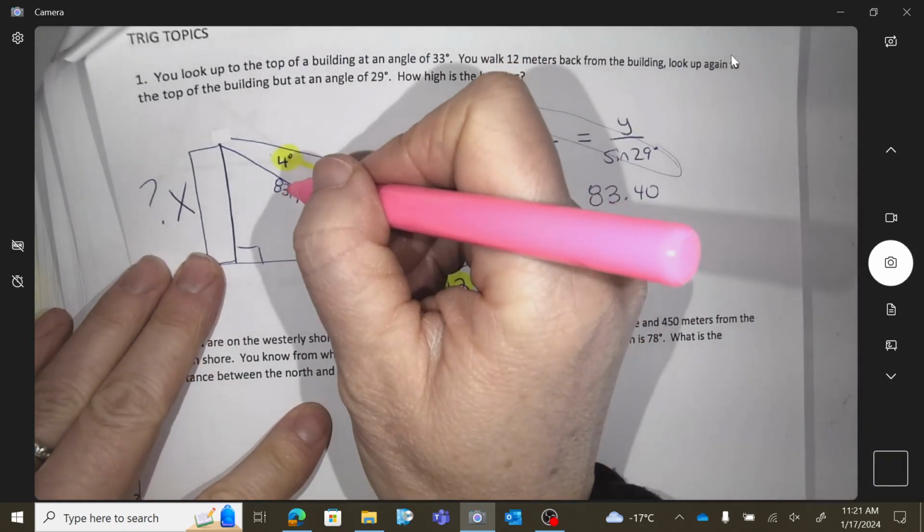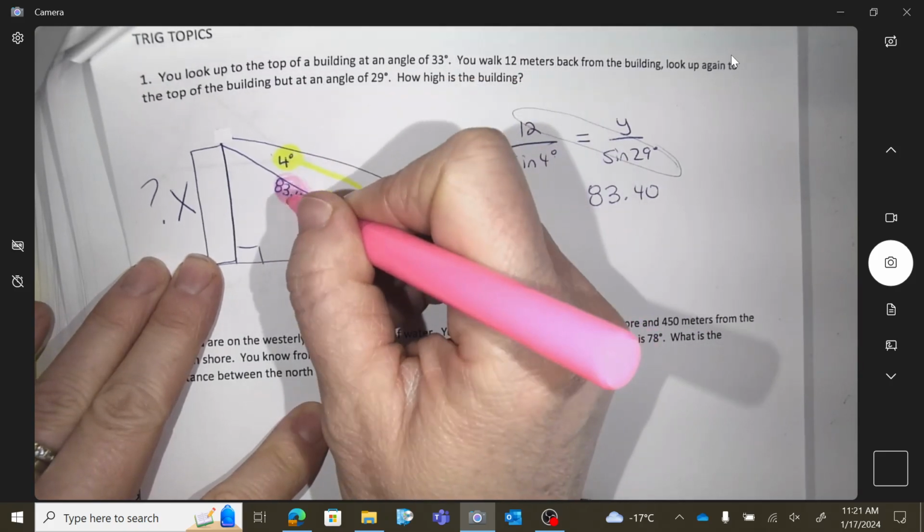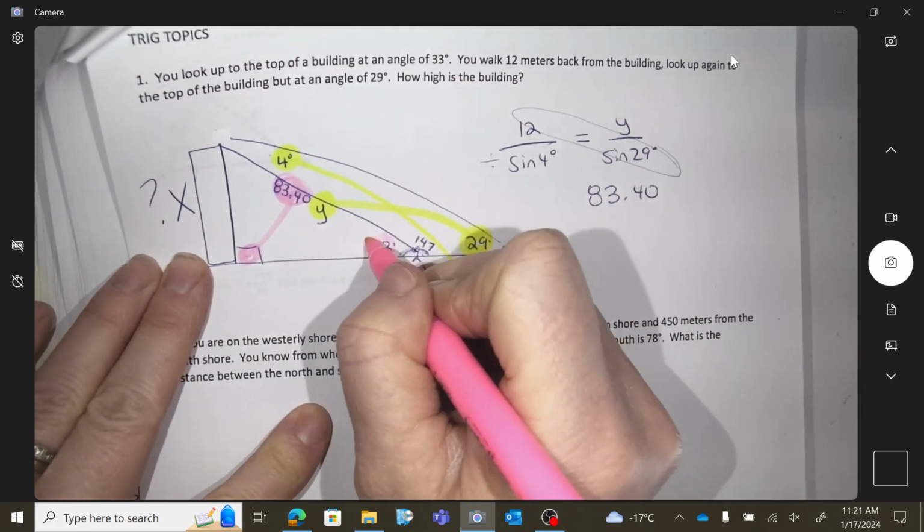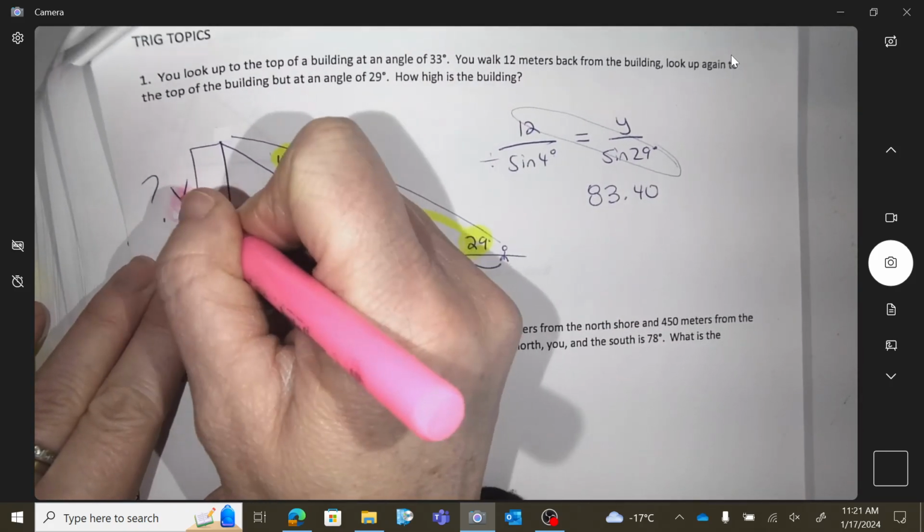Okay, now I'm going to work in this triangle.